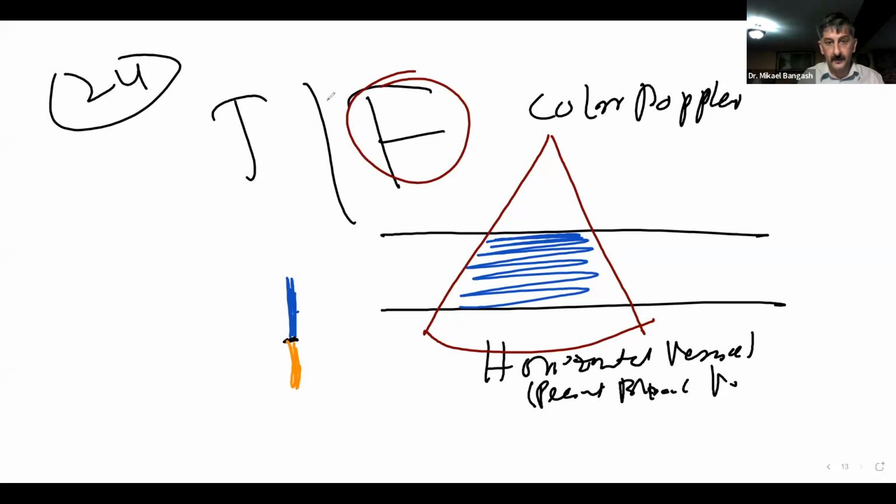Because in this sector shape image, even though we go color, we will have a sample window. On one side of the sample window, that's where we may have, let's say, blue, in this case here.